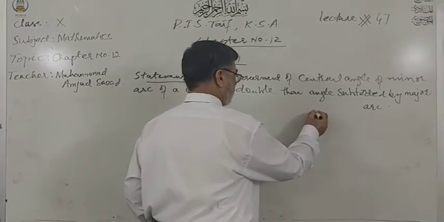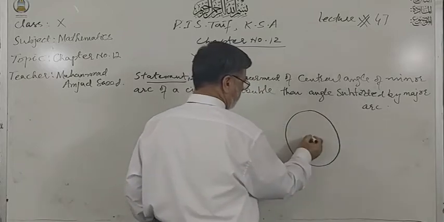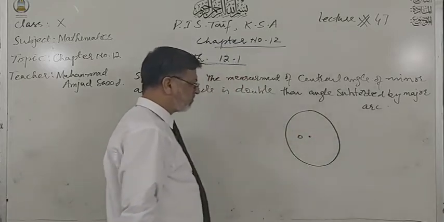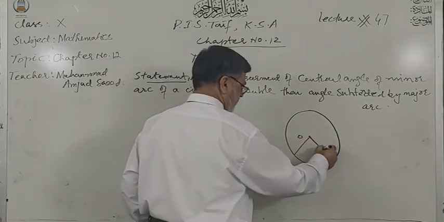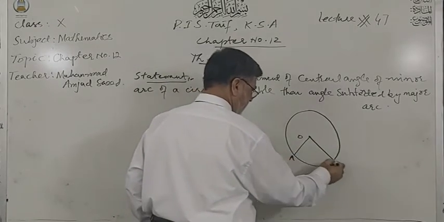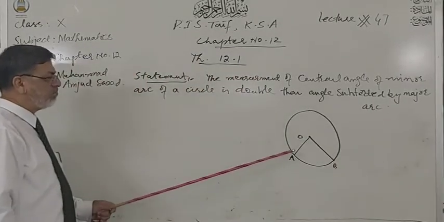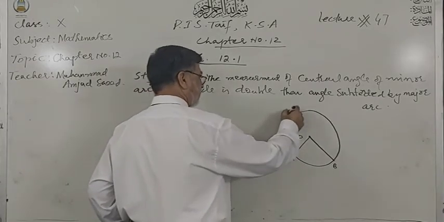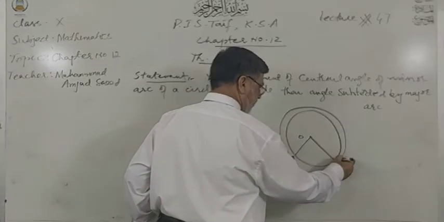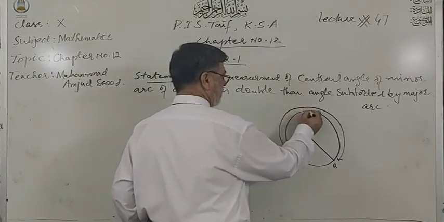Here is the circle with center at O. This is AB, known as the minor arc, and this arc is known as the major arc.